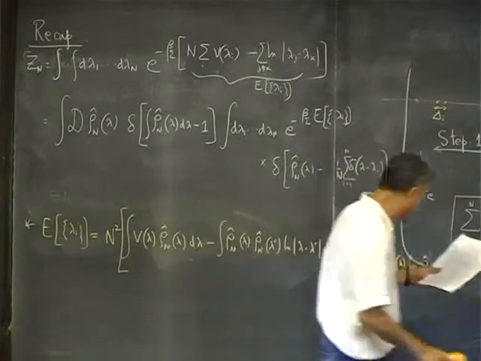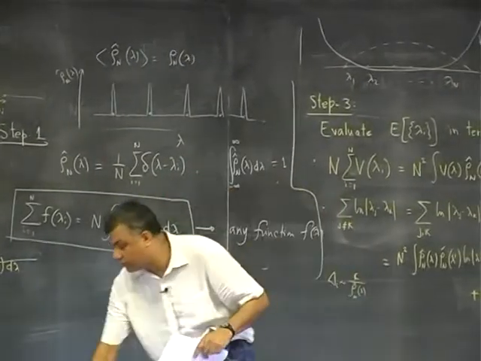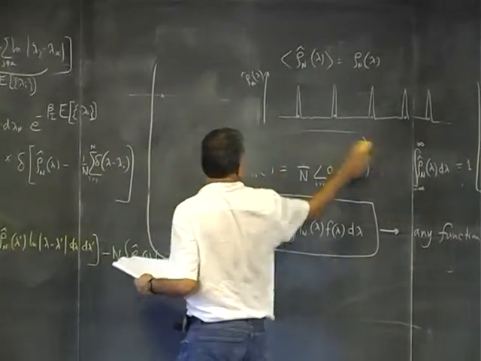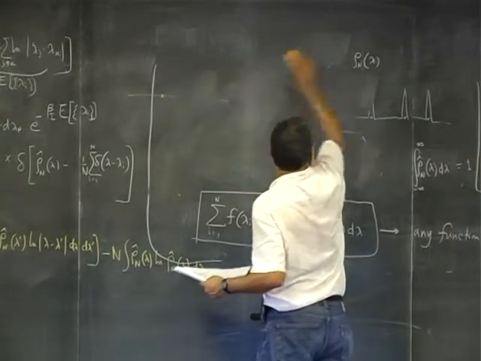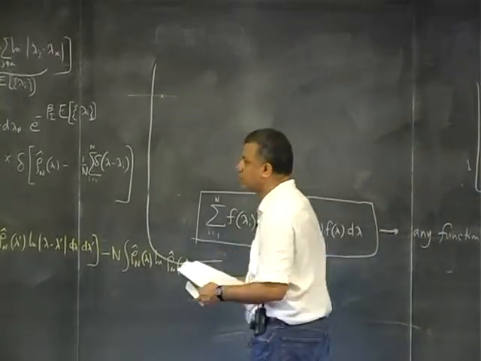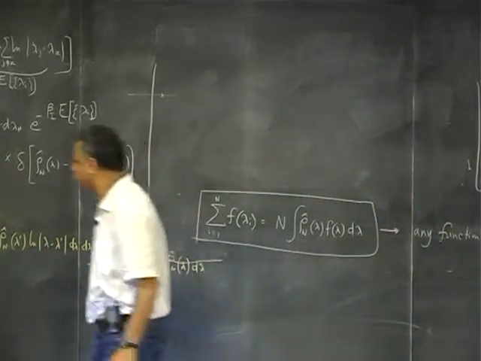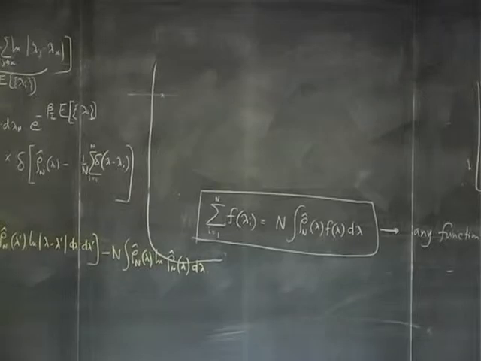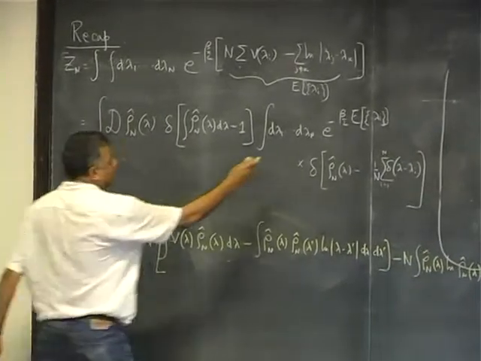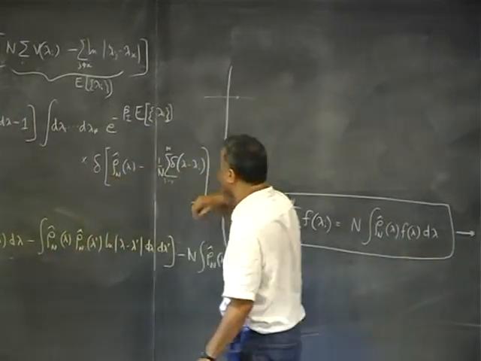Okay, so this is step 4. You notice that this is just a functional of rho n hat lambda. It does not depend anymore on the little lambda i's. So I can just take it outside this integral. Okay.